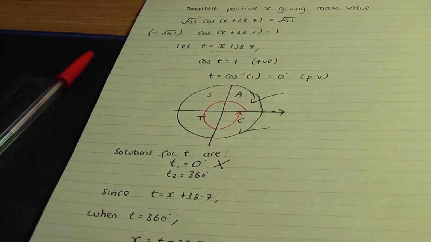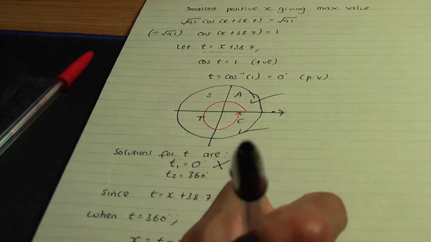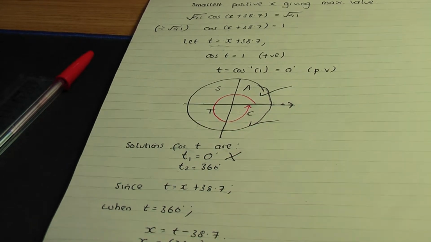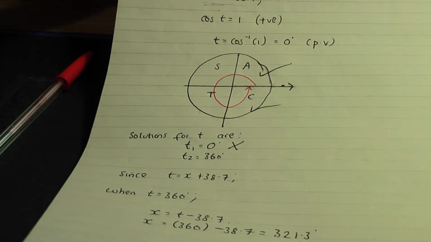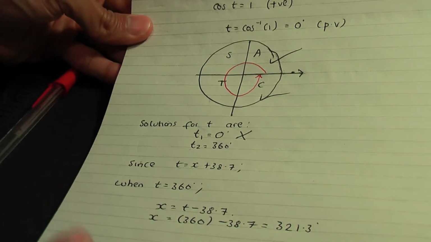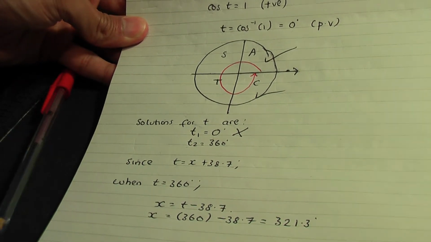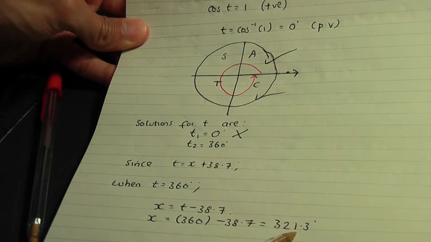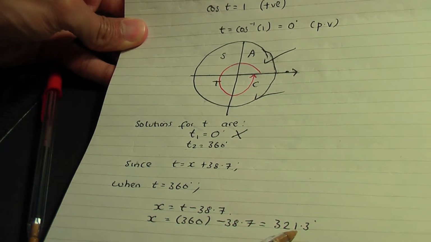Let's have a look. We're going to get roughly 321, so 321.3 degrees, I believe. I hope you can see that. And that indeed is the smallest positive x giving the maximum value in this case.